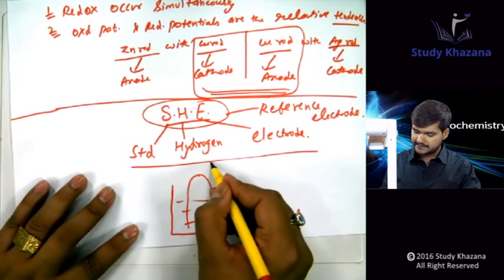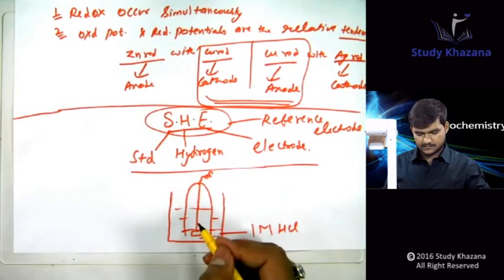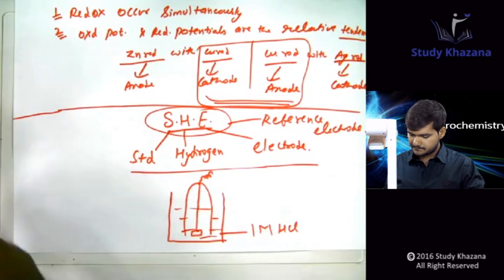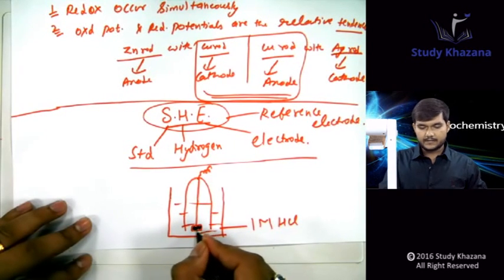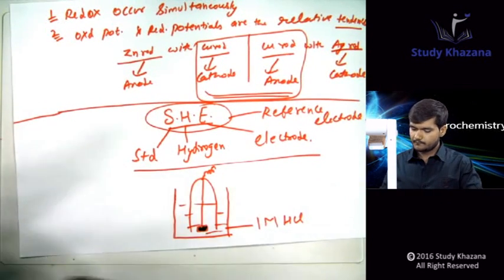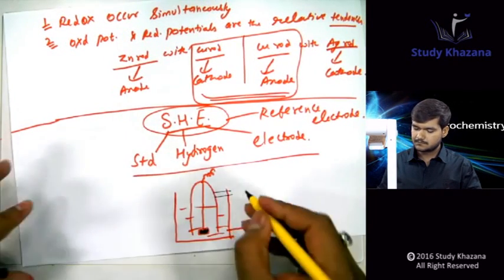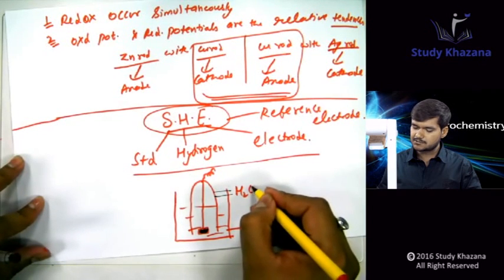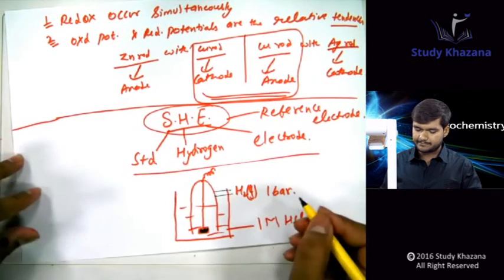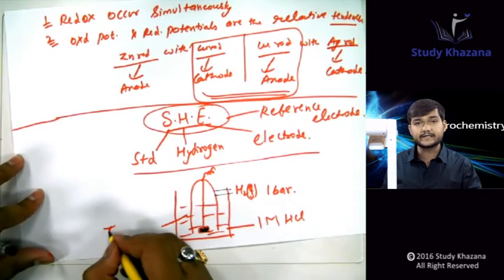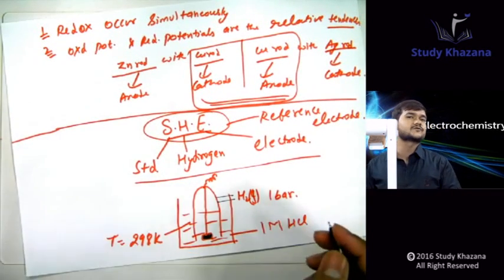This is a platinum wire coated with carbon black. H2 gas is passed, and the pressure of this gas is standard, 1 bar. You already know this. The temperature is maintained at 298 Kelvin. So this is the construction of the standard hydrogen electrode.